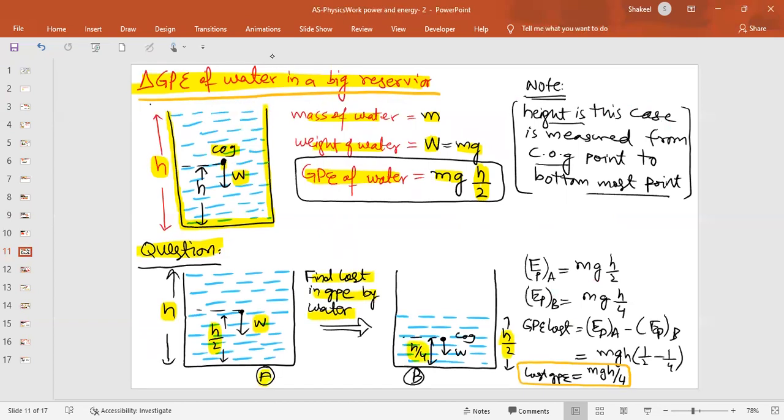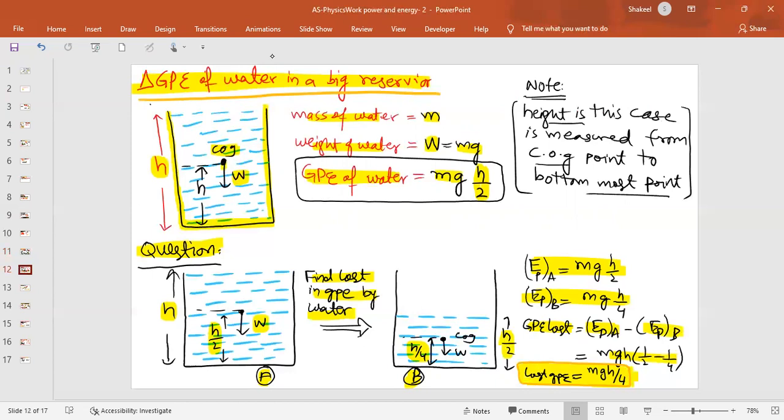So in diagram A, the GPE is mgh by 2, and in diagram B, the GPE is mgh by 4. So GPE lost is GPE in A minus GPE in B. When you do the maths, the loss in GPE is mgh by 4. Is it interesting? I hope so, and I hope you have understood this.